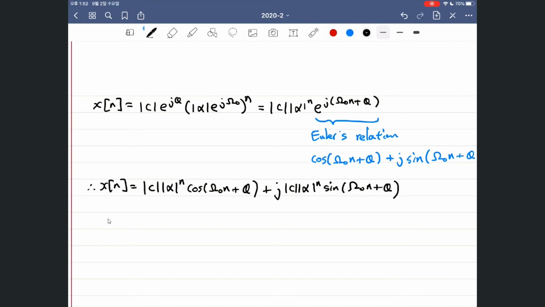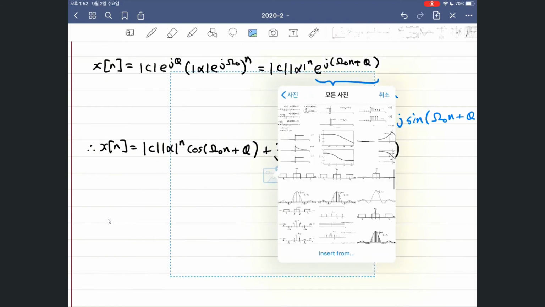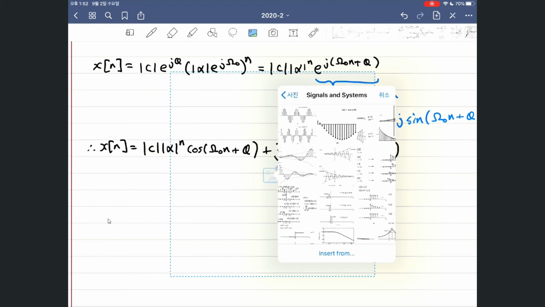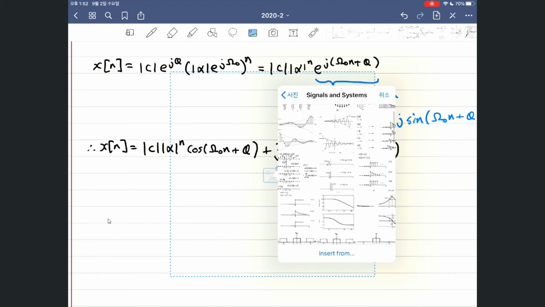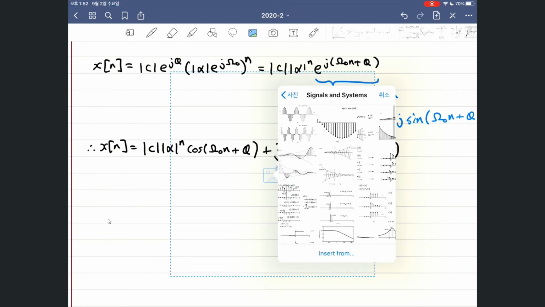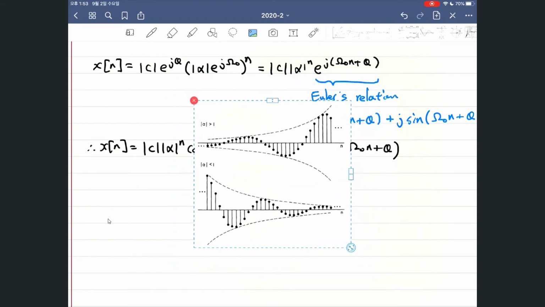And if you draw this equation, you will get, what will I get? I think this one is the right figure.